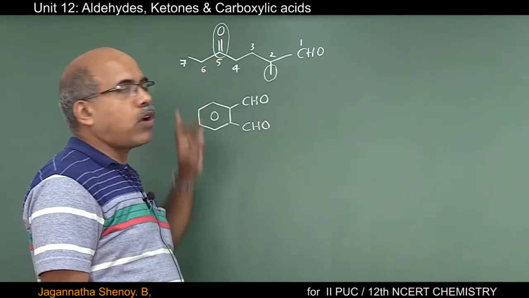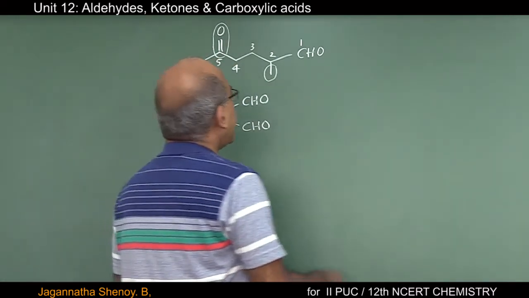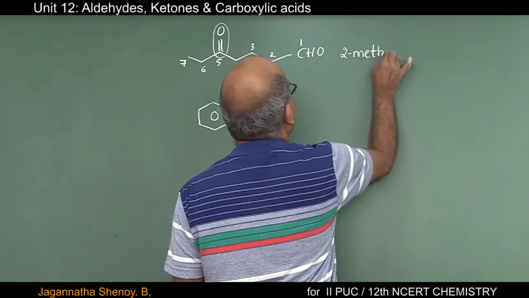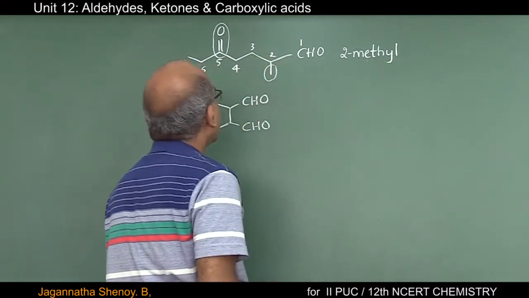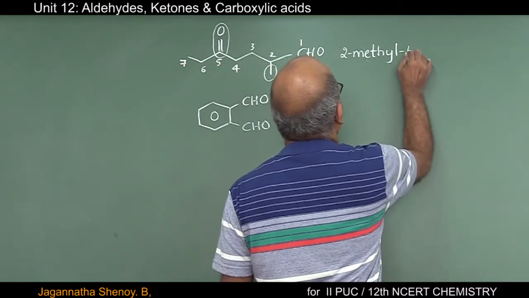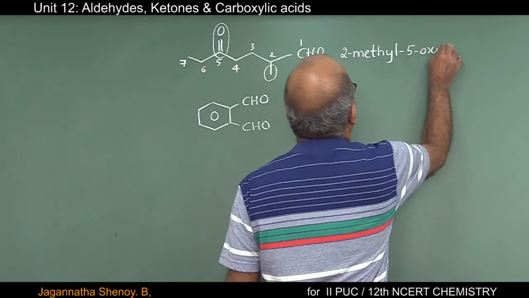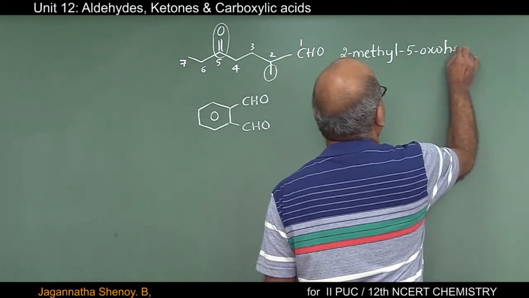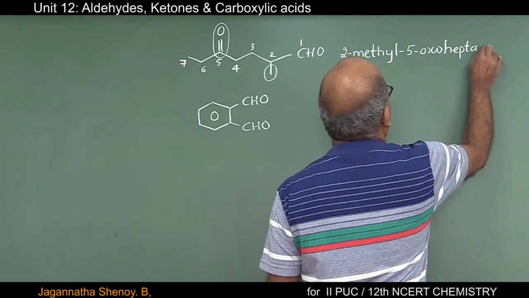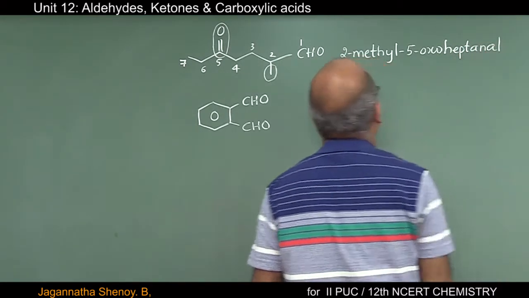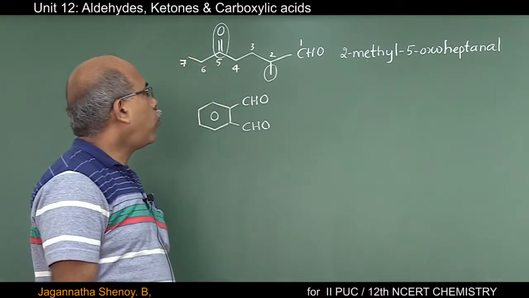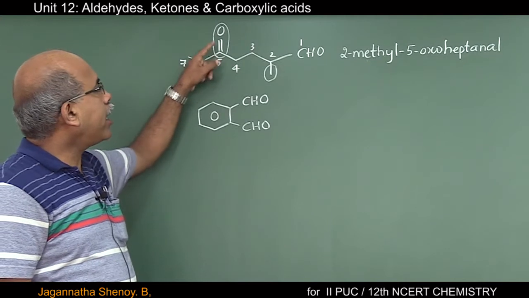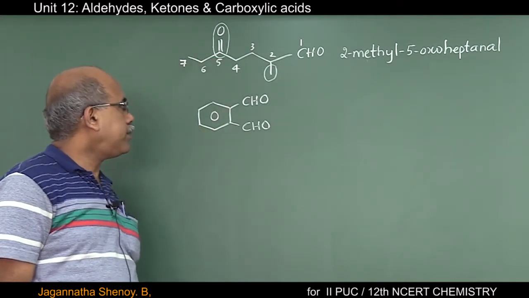M comes before O. That is why while writing the IUPAC name, it has to be 2-methyl and 5-oxo, altogether 7 carbon atoms. So hept, all of them are connected by single bonds. That's why it is heptanal. So what we have here is 2-methyl and 5-oxo heptanal.